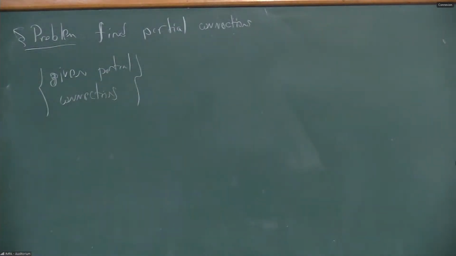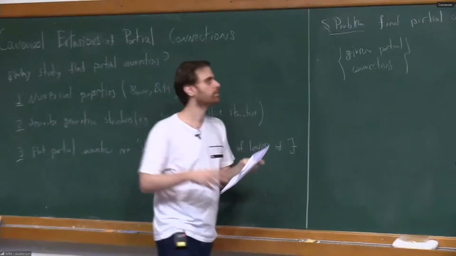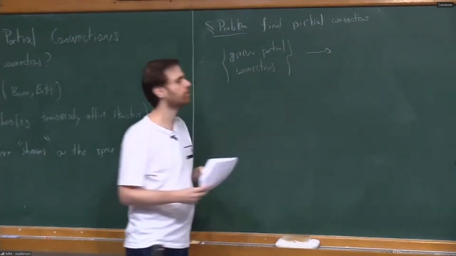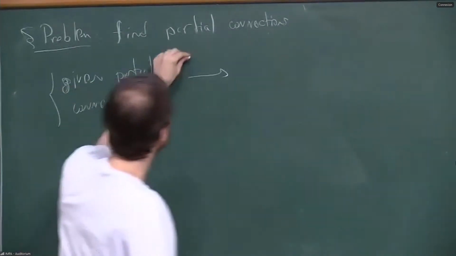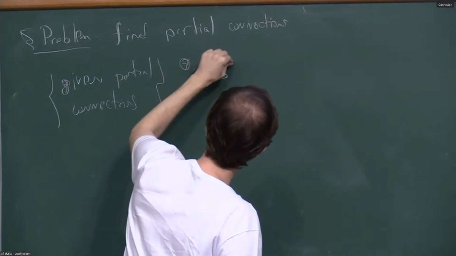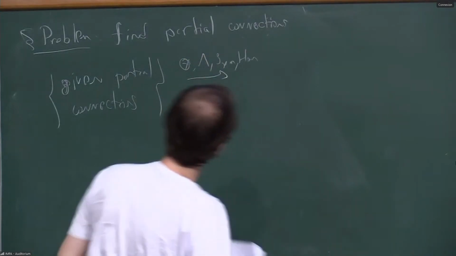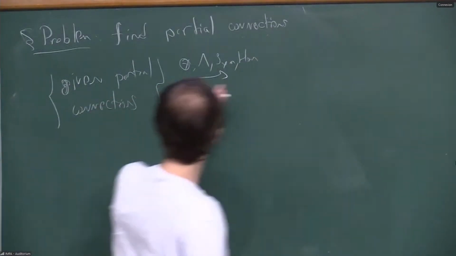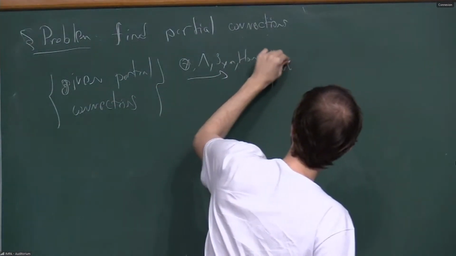One thing that you can do with all these given partial connections is to consider constructions from linear algebra. You can consider tensor, wedge, sym, all these collections of constructions, and this gives to us new partial connections.